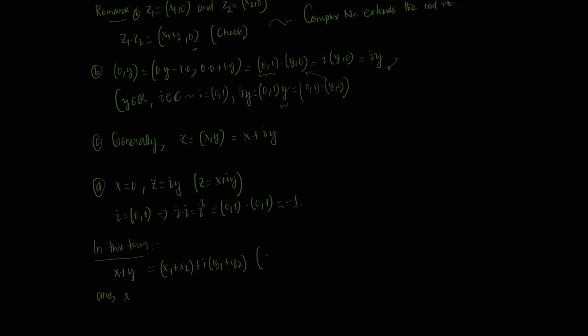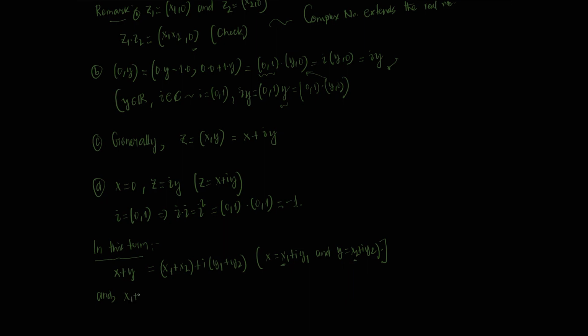I am taking x to be x1 plus iy1 and y to be x2 plus iy2. Then x plus y, if I am just adding two complex numbers, by definition is x1 plus x2, the real part, plus i times y1 plus y2. Yes, you can check using your definition also.